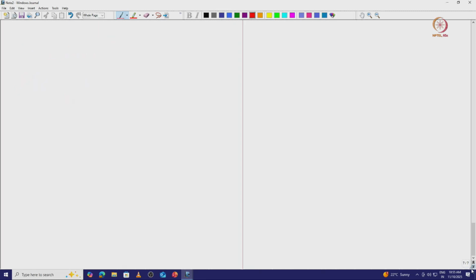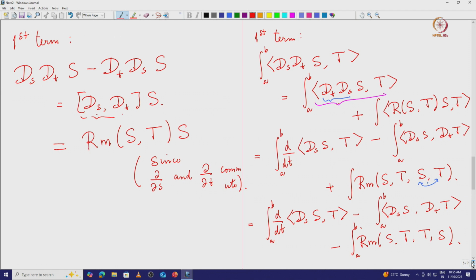Okay, so let us go back a slide. So at s equals 0, if you look at this term, what will this be? This will basically be dt of gamma dot.